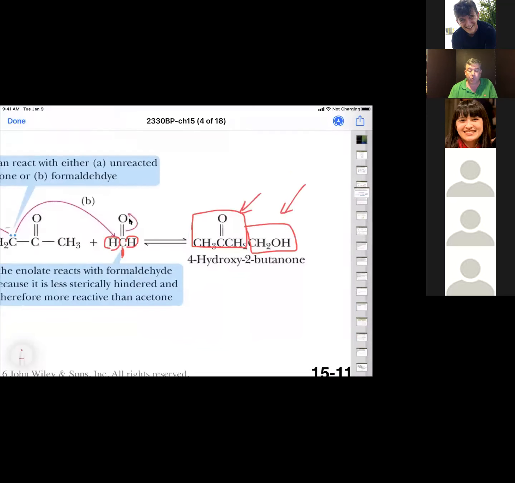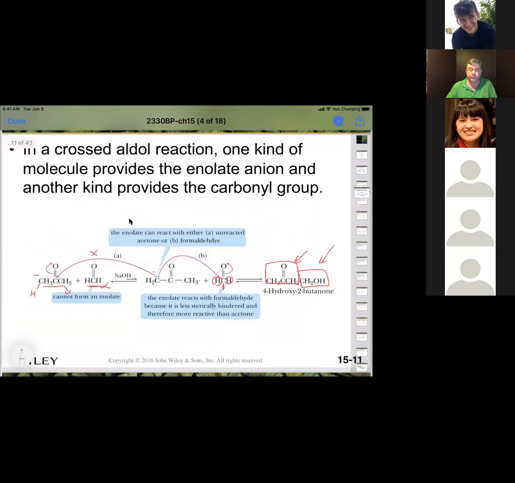So we call that a cross Aldol condensation. And usually these are a lot cleaner because only one thing forms the enolate and then it attacks the other thing. So it makes it a nice, cleaner reaction. Okay. So we call that the crossed because you're making the enolate only out of one and then it's attacking something else.